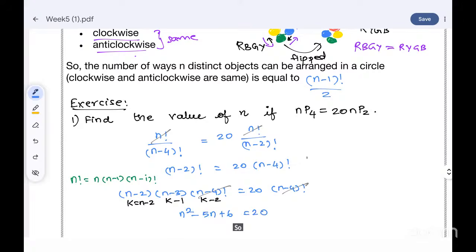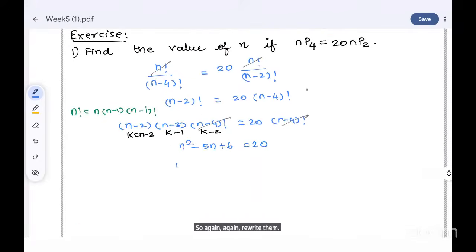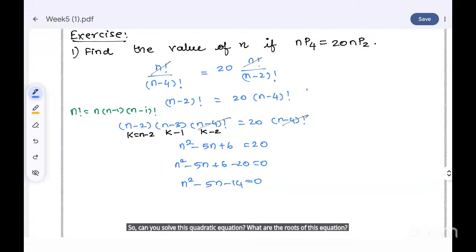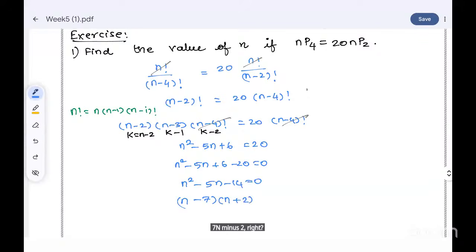So again, I can rewrite them: n squared minus 5n plus 6 minus 20. So I have n squared minus 5n minus 14 equal to 0. Can you solve this quadratic equation? What are the roots of this equation? 7 and minus 2, right? So you have n equal to 7 or n equal to minus 2.